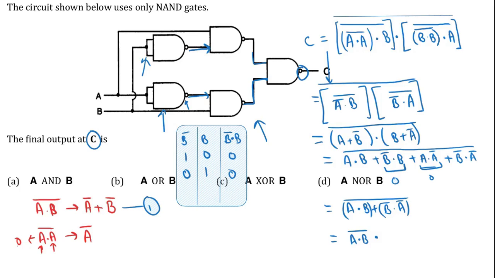We can simplify this further by first grouping the terms, and then we get A dot B whole bar plus, which becomes dot if we use the complement, and this is one part. The other part is B bar dot A bar and whole complement.